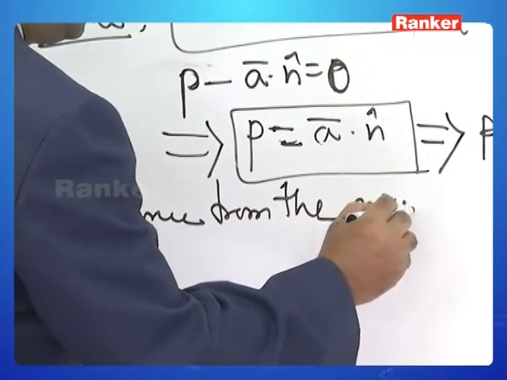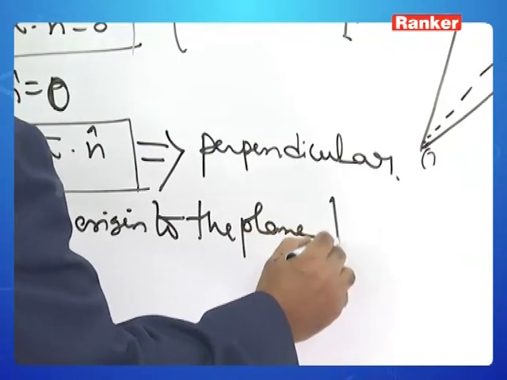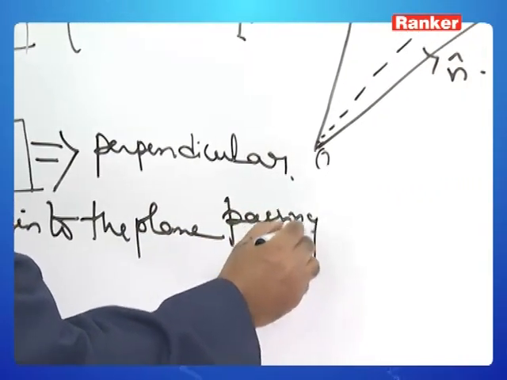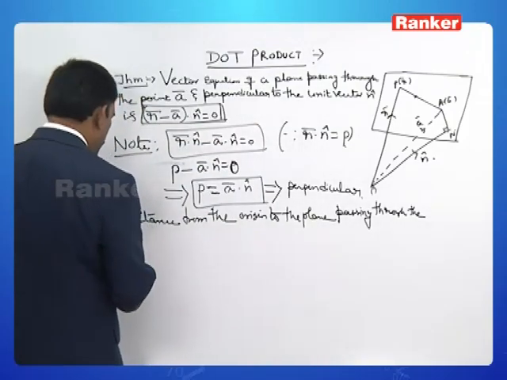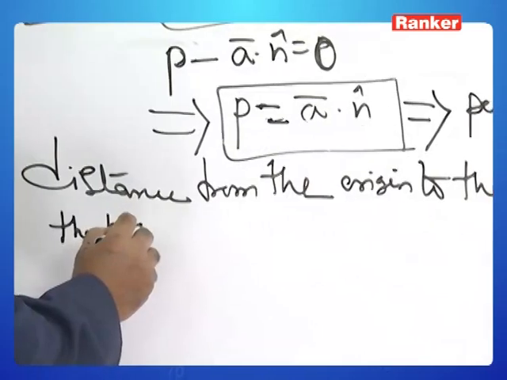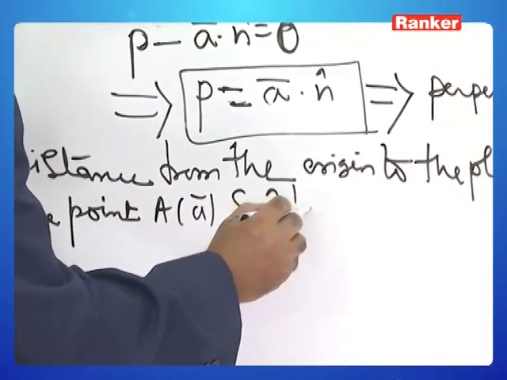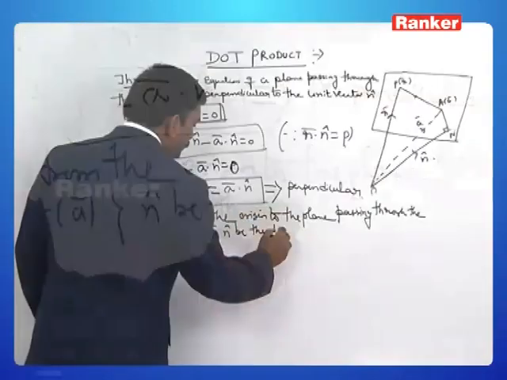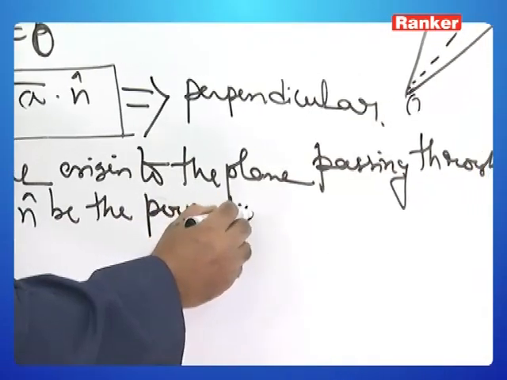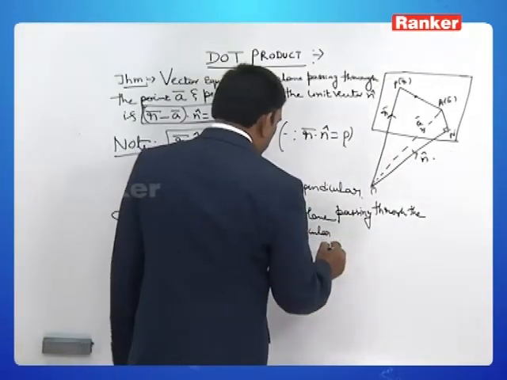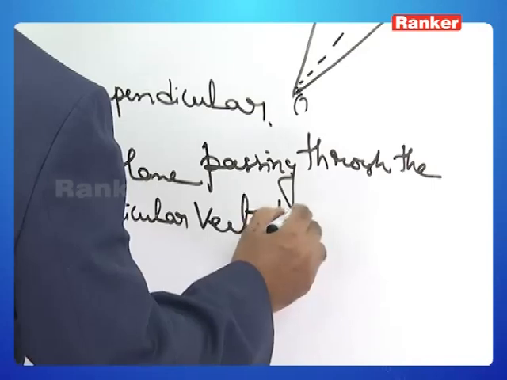Perpendicular distance from the origin to the plane passing through the point A bar, with N cap perpendicular to the plane.